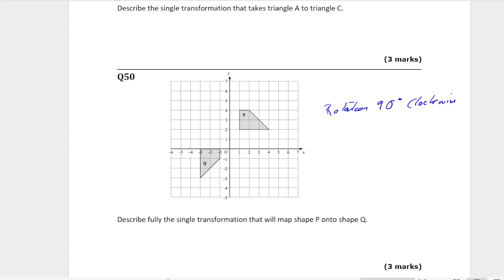So about the point, if we think it's going to be about, it's not right, minus 2, 3. Feel free to use tracing paper if you're struggling to find that center of rotation.